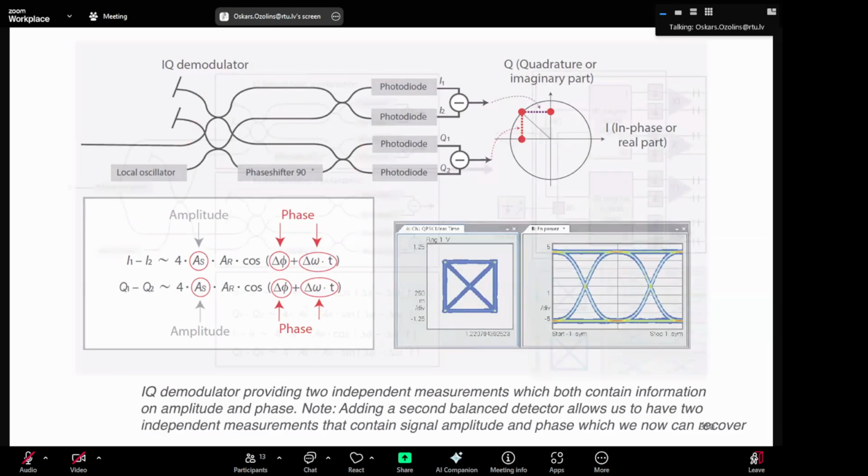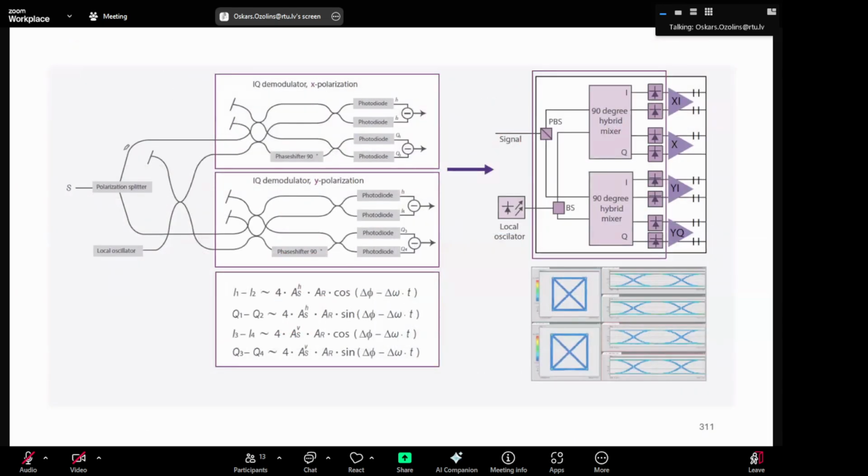Then if we look a bit more detailed, what we could do if, for example, we have two polarizations, then our signal comes in.